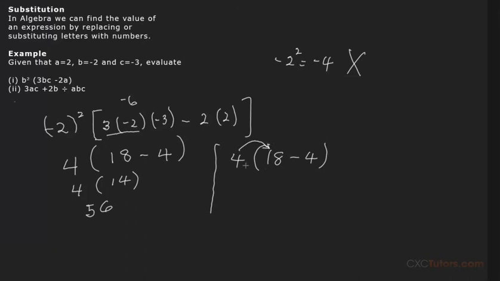So 4 times 18, that is 72. And then we have 4 multiplied by 4, and that is 16. And so we can have 72 minus 16, which is the same thing as 56. So if you take this approach or work out what is in the bracket first, then you will also arrive at your correct result.